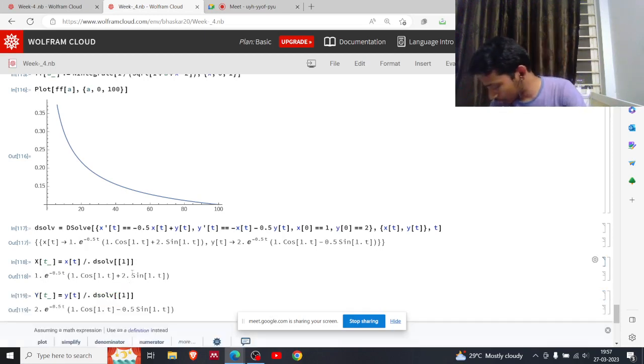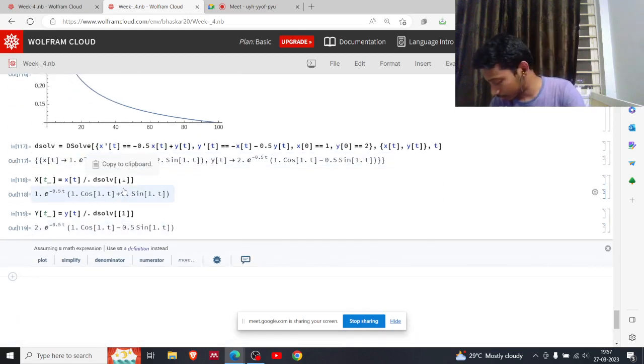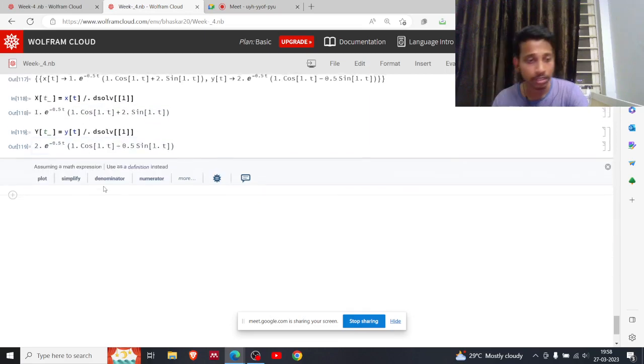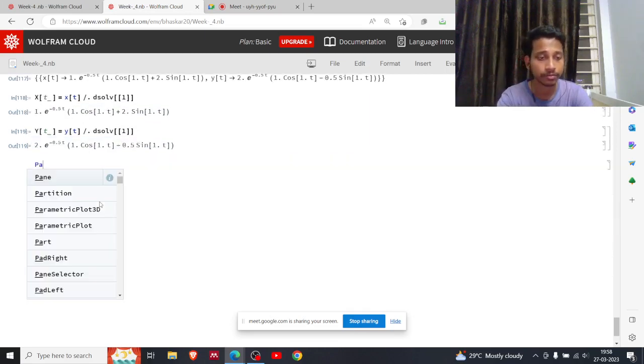So we assigned this x(t) and y(t) to two different functions, that is capital X of t and capital Y of t. I will do the parametric plot.